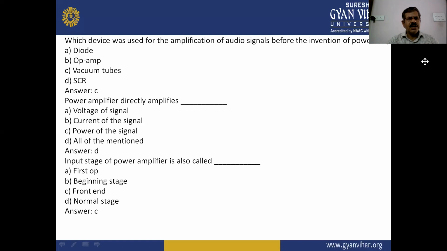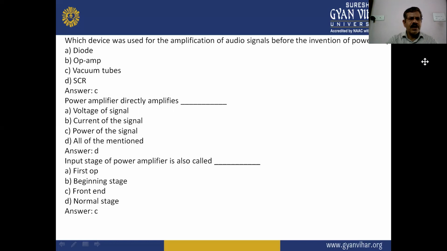Option A, diode. Option B, op-amp, that is the operational amplifier. Option C, vacuum tubes. And option D, silicon controlled rectifier. So here the correct option is vacuum tubes. Before the invention of the power amplifier, we used these tubes for amplification.